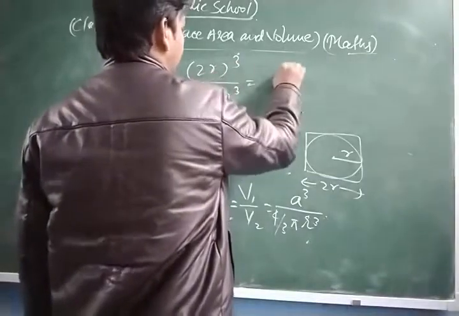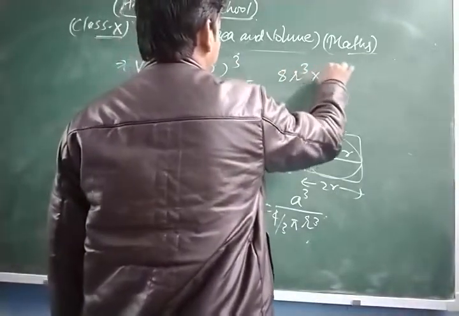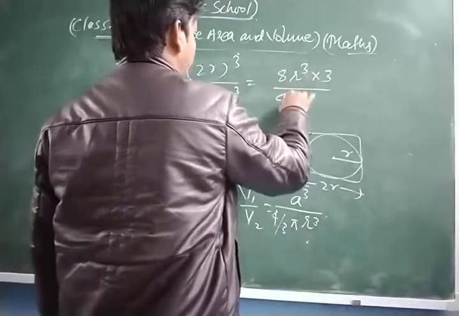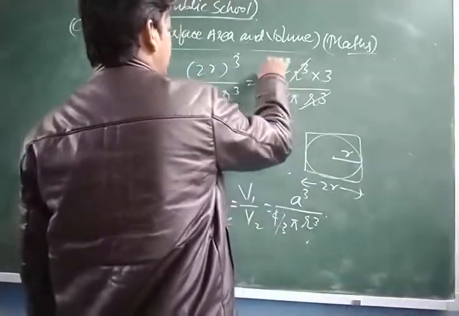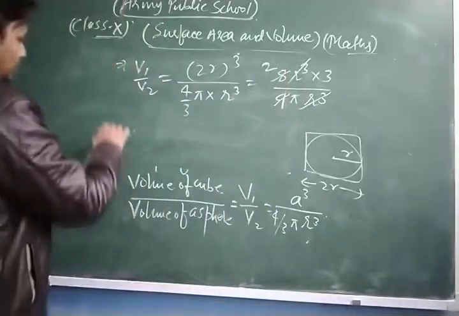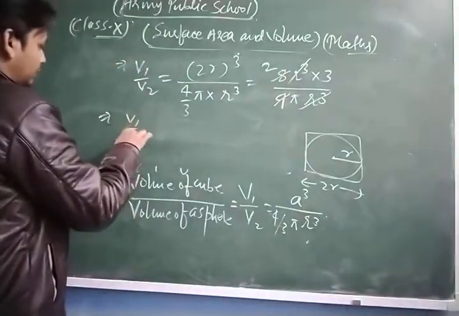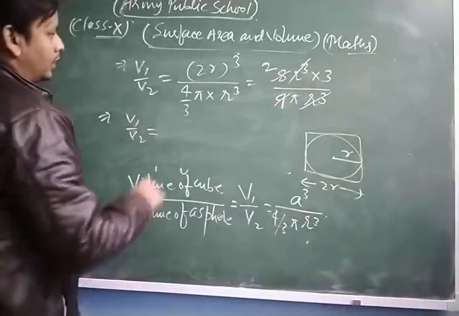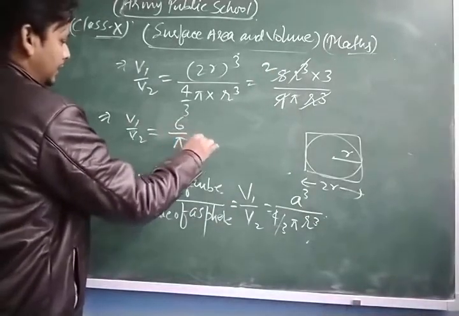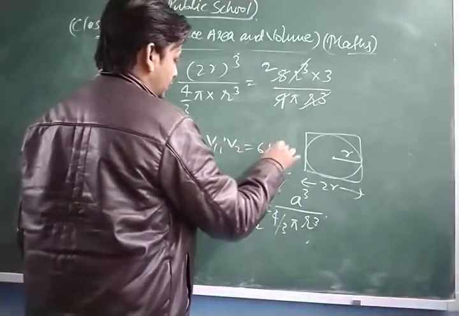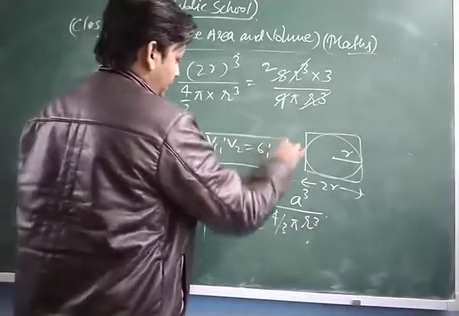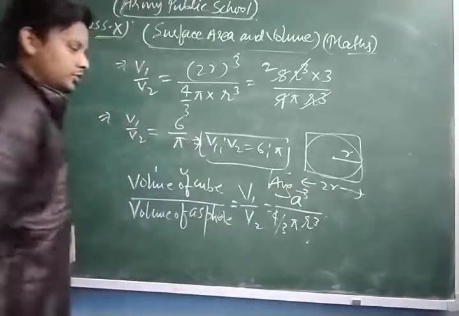This is 8 R cube into 3 upon 4 pi R cube. R cube cancels, and 4 into 8 simplifies, so 2 into 3 is 6 upon pi, that is V1 ratio V2 is equal to 6 ratio pi. This is the required solution of the given question.